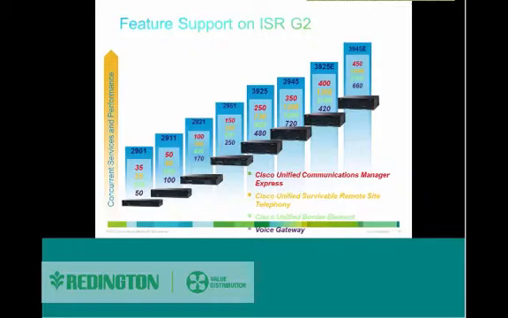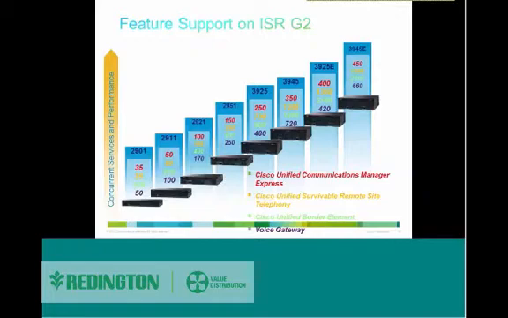And the 2921 router can be recommended for a 100 user requirement, the maximum scalability of 100 users, and the 100 users supported for the Call Manager Express and the SRST solution. The 2951 can be recommended up to 150 users maximum scalability on a Call Manager Express.